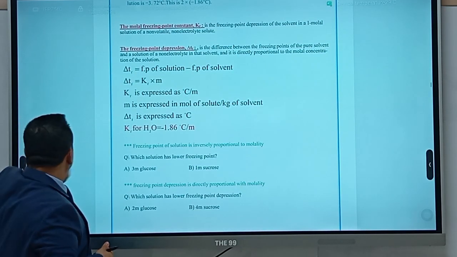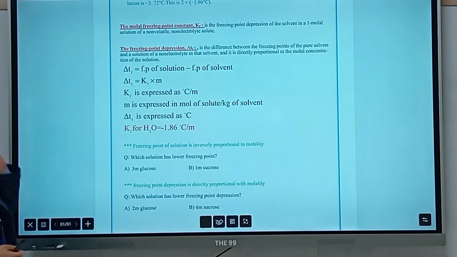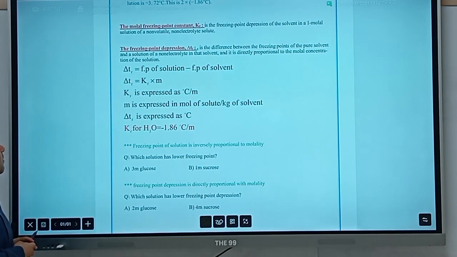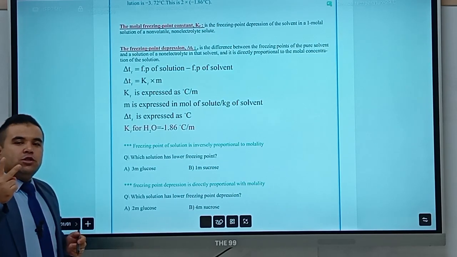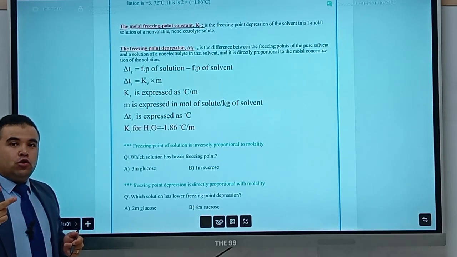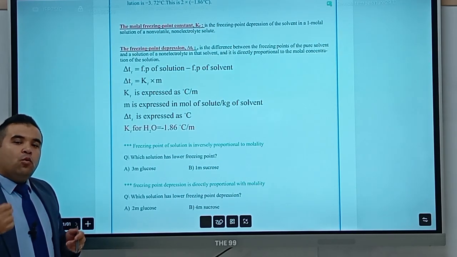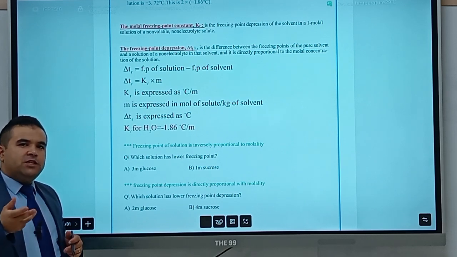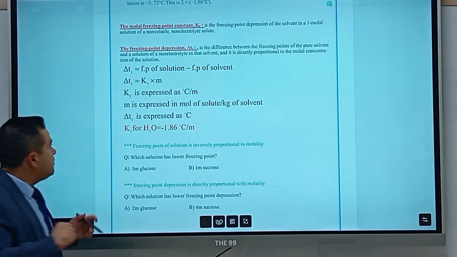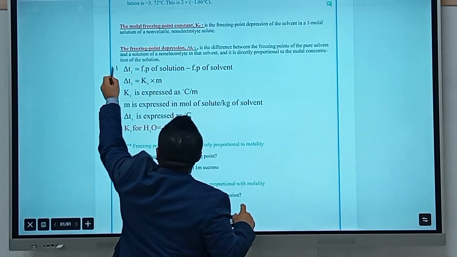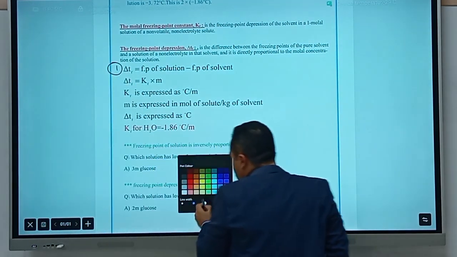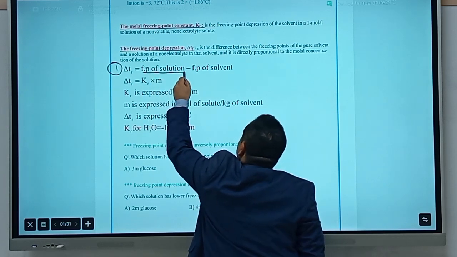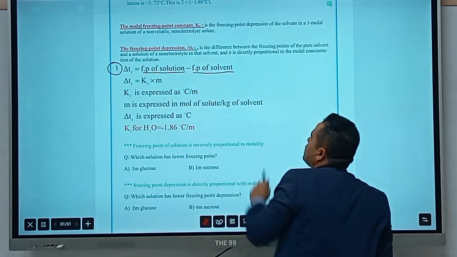How to calculate the freezing point, guys? For the freezing point and boiling point, we have calculations, mathematical questions. We have two equations for delta TF in order to calculate. One depends on the Kf and molality, one depends on the freezing point of solution and solvent. So the first equation, guys, is the freezing point of solution minus freezing point of solvent.